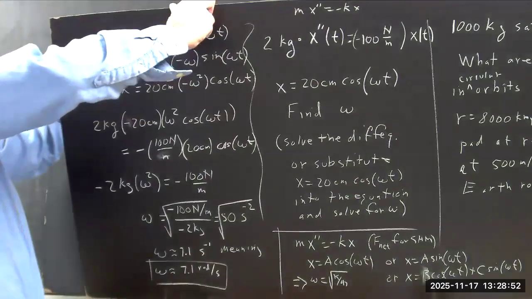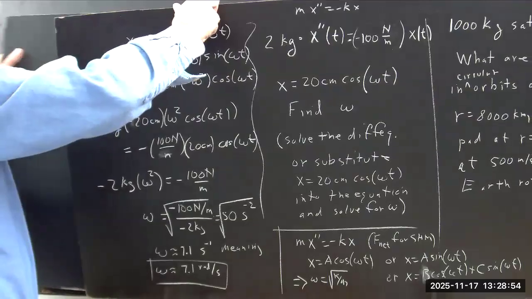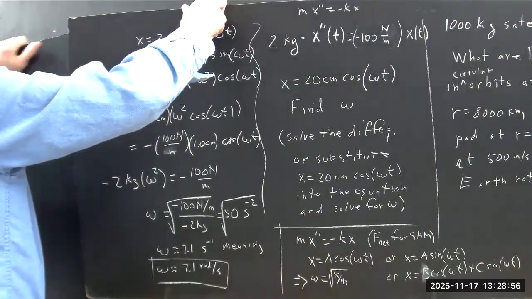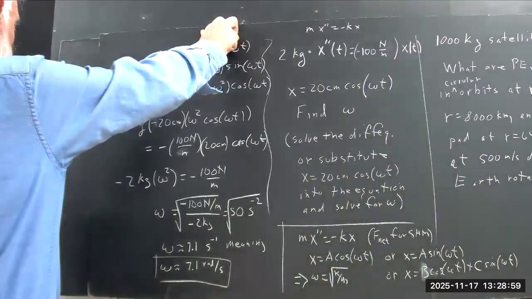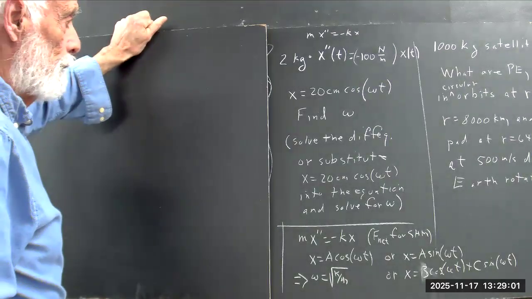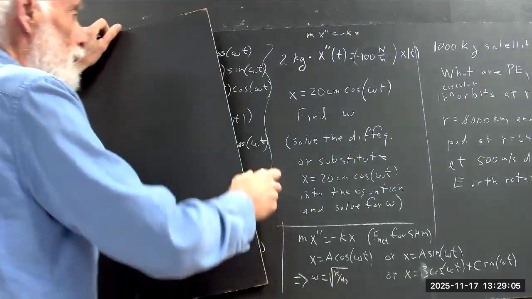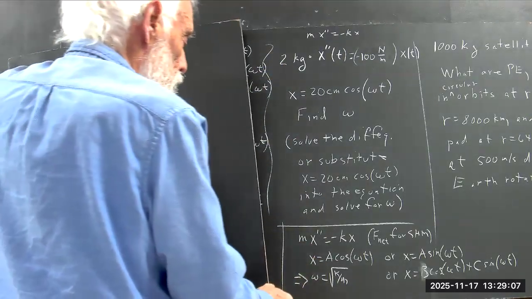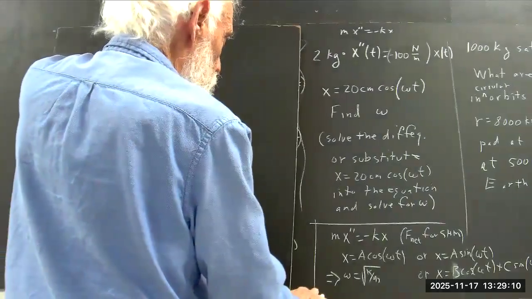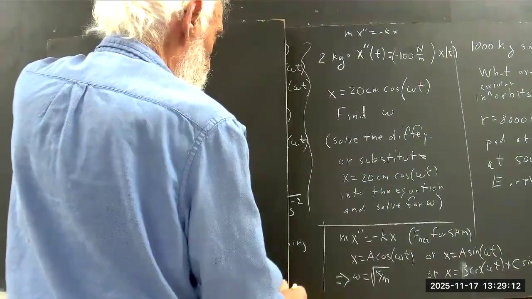So you're still writing, so I just got this little board here, that's all it should take. You know, this is really what you need to know. What we did here was just an example of it, and it works the same every time.